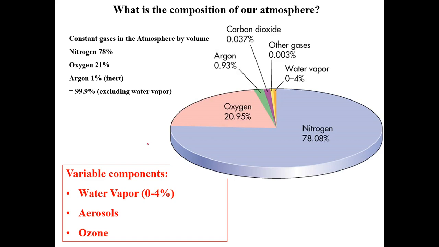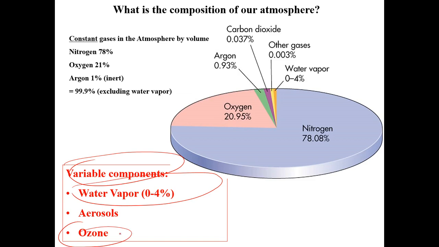But for now, let's go on to talk a little bit about other variable components. So water vapor, I mentioned ozone, O3. Another thing that's also common is something called aerosols. Aero means air, sols means soils or maybe dust.